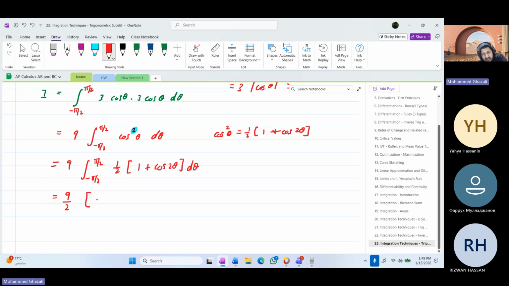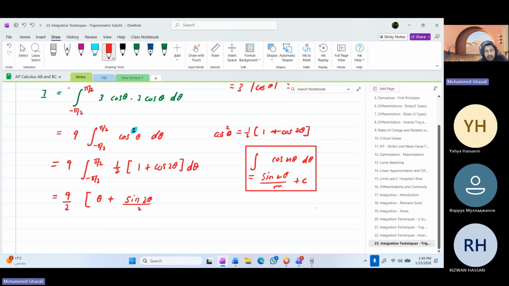Integrating this 1, you get theta plus integral of cos 2 theta, which is sine 2 theta over 2. Remember, the integral of cos m theta d theta is just sine m theta over m plus a constant. But no constant here because we have a definite integral.